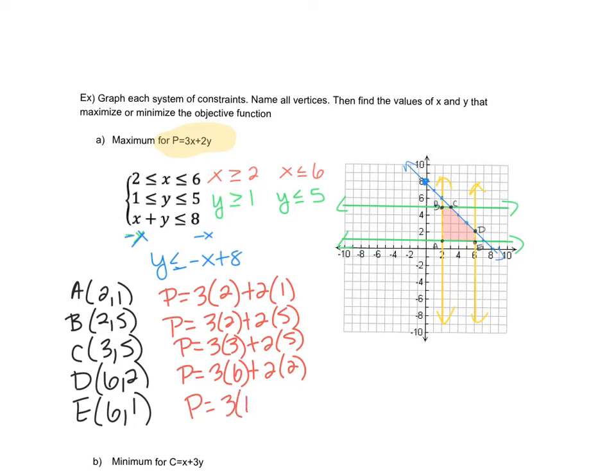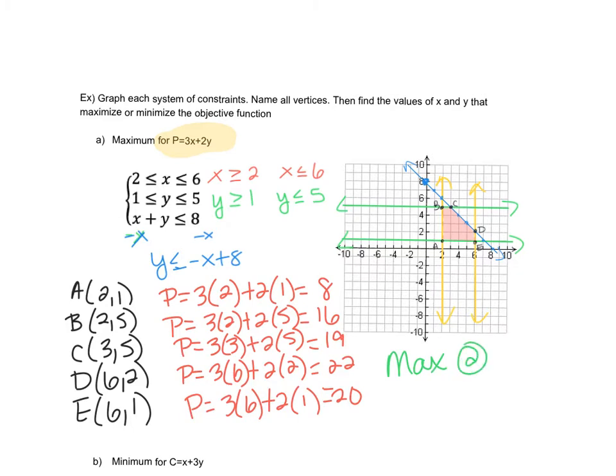And then 3 times 6 plus 2 times 1. So solve, that would be 8. This one would be 16. I'm just going to write them down because I already know the answers. 22 and 20. So our maximum, because that's what we're trying to figure out, would be at the point 6, 2, because that's the max. So the max is at 6, 2.